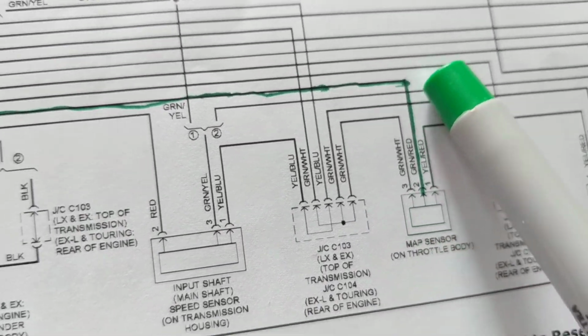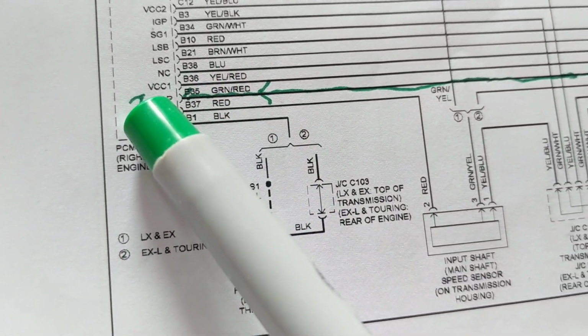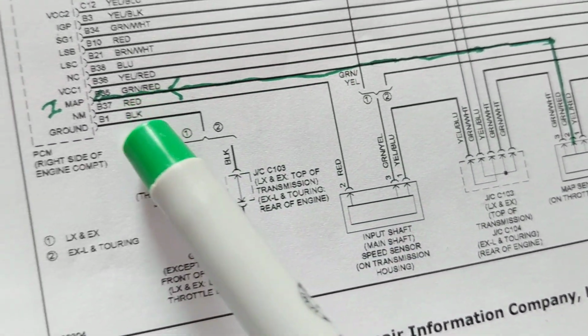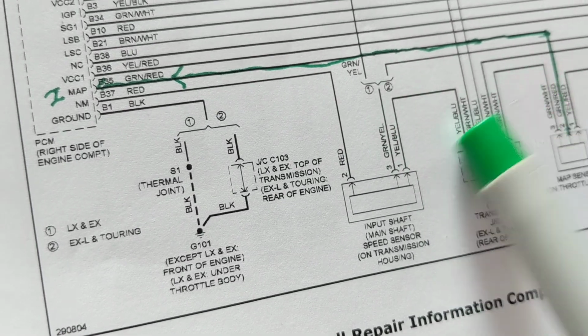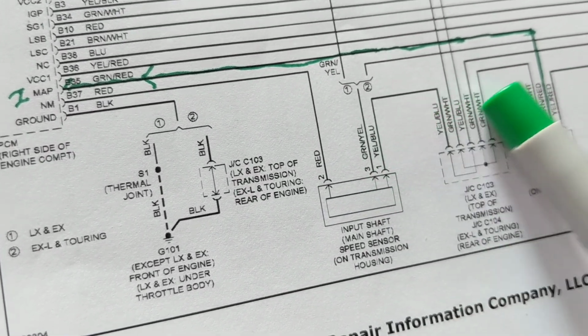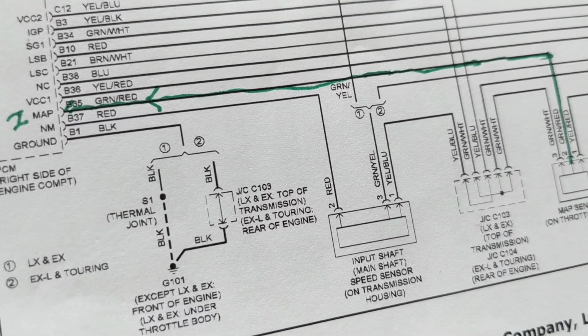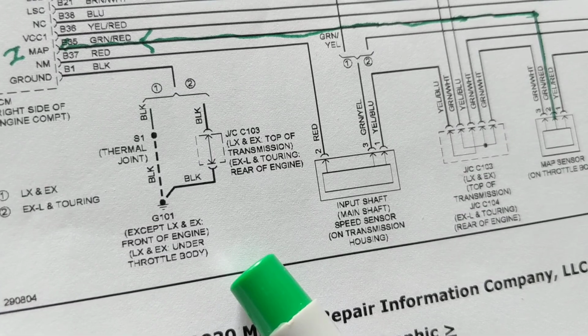Usually MAP sensor is an input. So the data is coming back, giving the PCM information about load and vacuum, very important details to control the air-fuel mixture.